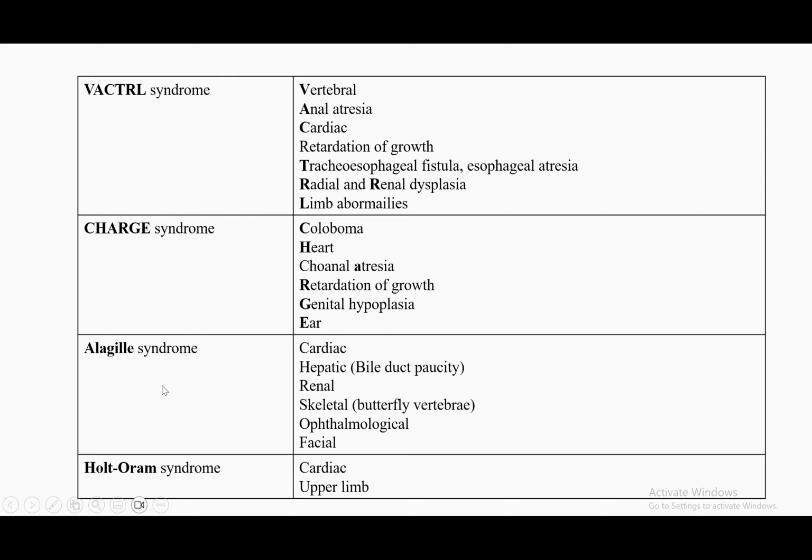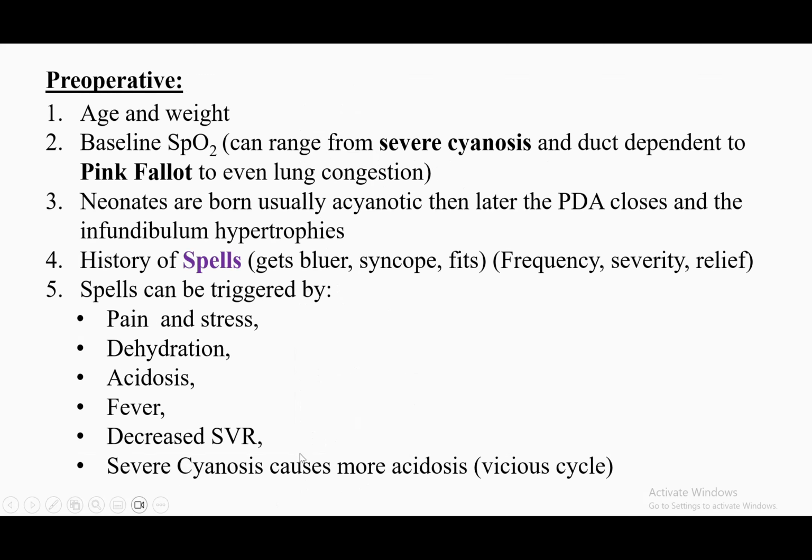For Alagille syndrome: cardiac with hepatic biliary duct paucity, there are few biliary ducts, renal abnormalities, skeletal abnormalities in the vertebrae, ophthalmological and facial. Holt-Oram syndrome: cardiac and upper limb.